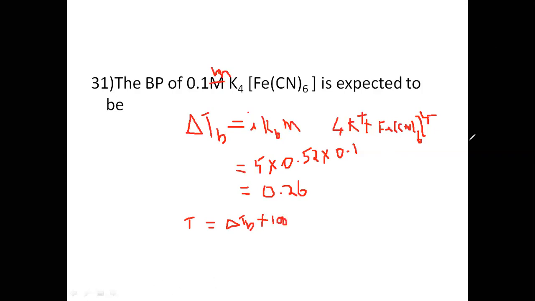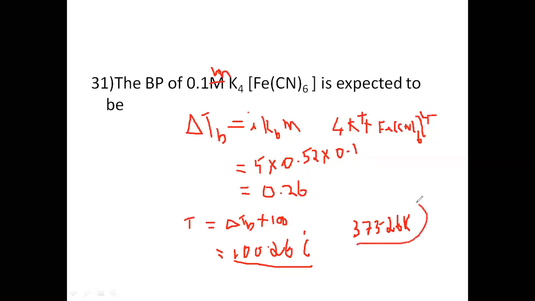Means I am going to get the value as 100.26 degrees Celsius or 373.26 Kelvin. They may give this value in the exam, or they may go for this value also. And this is the correct method of solving. Usually students make mistakes.